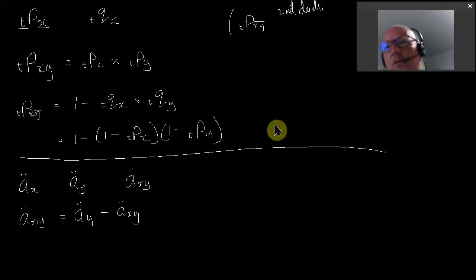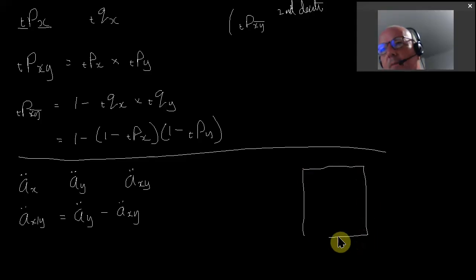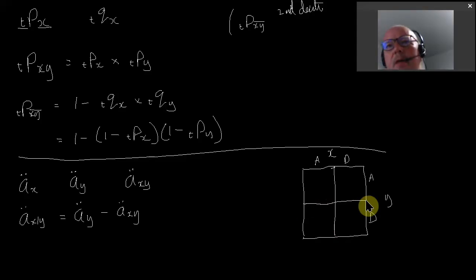But the way to think about it is to consider the following diagram. We've got two lives, X and Y, and those lives can be alive or dead. Now we can think about A.X reversionary Y in terms of in what circumstances will this pay out.